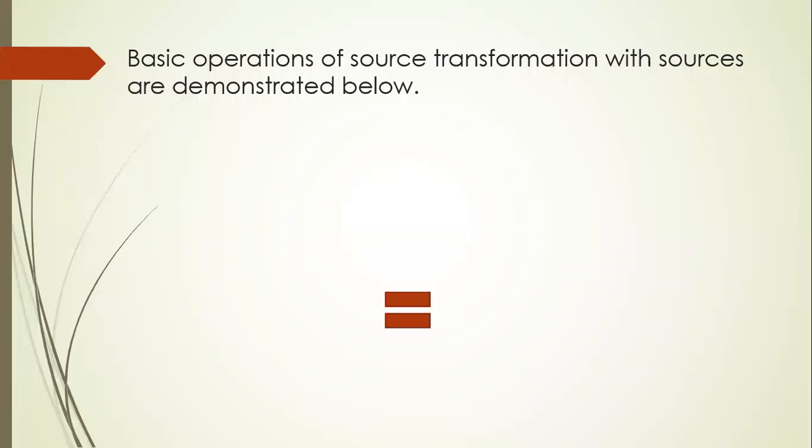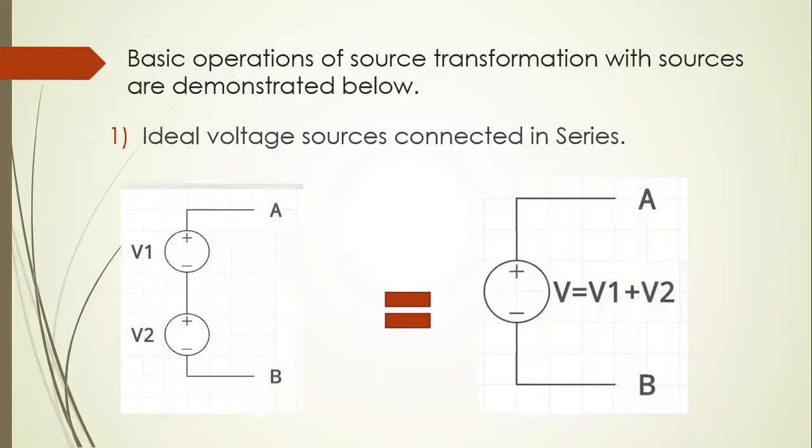So the next slide is the basic operations of source transformation. Mainly we have two kinds of sources. One is an ideal source. The other is a practical source. This is the ideal source. Ideal sources are those that deliver a constant current and voltage to the circuit.